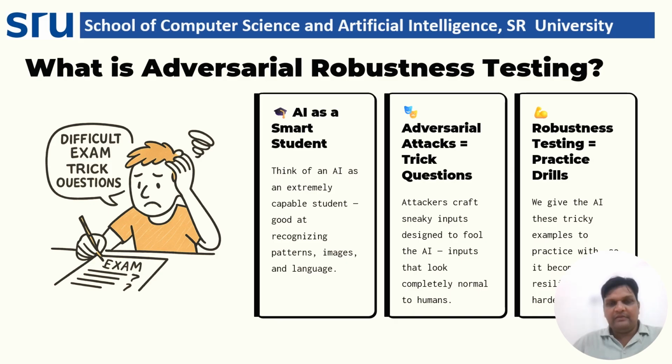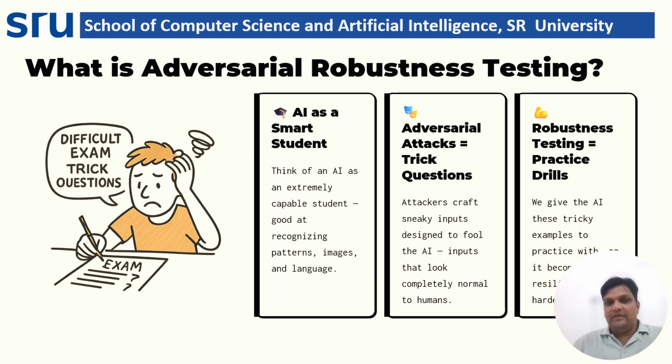Adversarial attacks are like trick questions. Attackers craft sneaky inputs designed to fool the AI, inputs that look completely normal to humans. Robustness testing is like a practice drill. We give the AI these tricky examples.